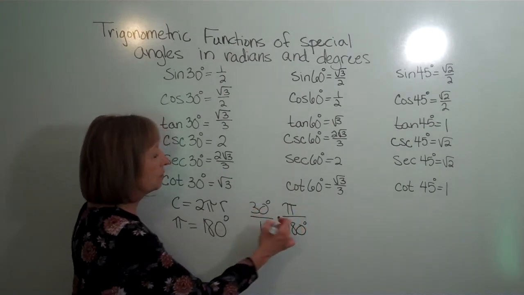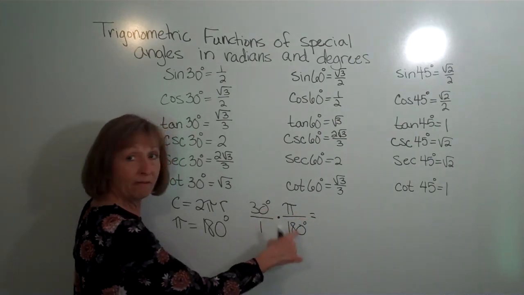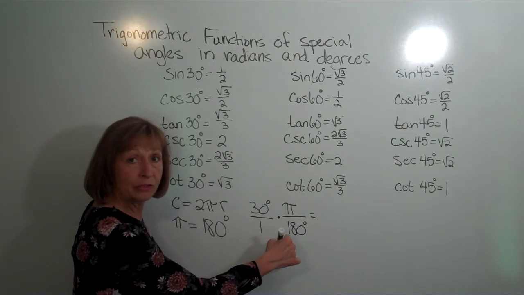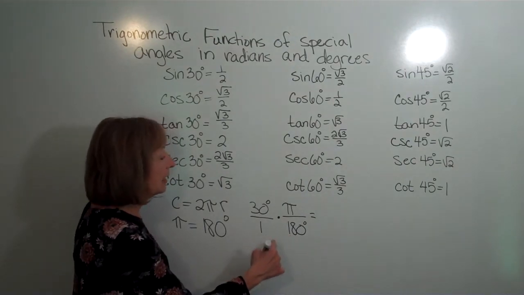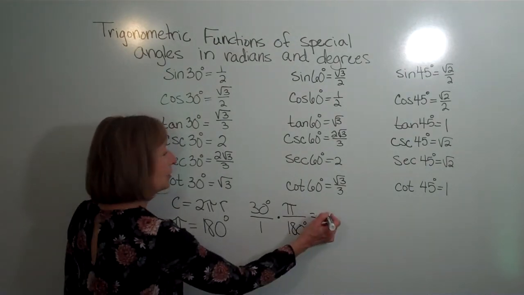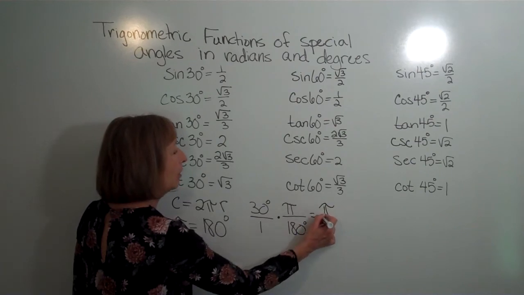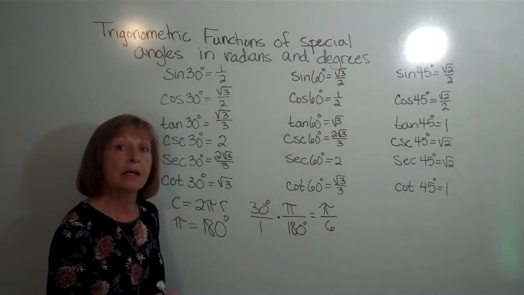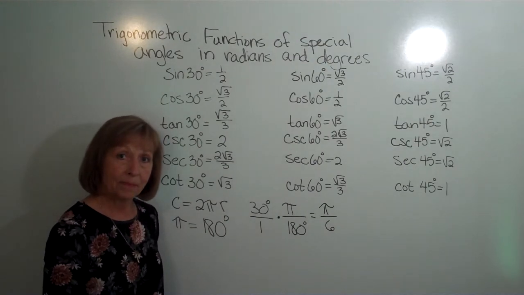Then that gives me common factors that we'll remove, and 30 degrees goes into 180 degrees 6 times. So I have pi over 6 is equal to 30 degrees.